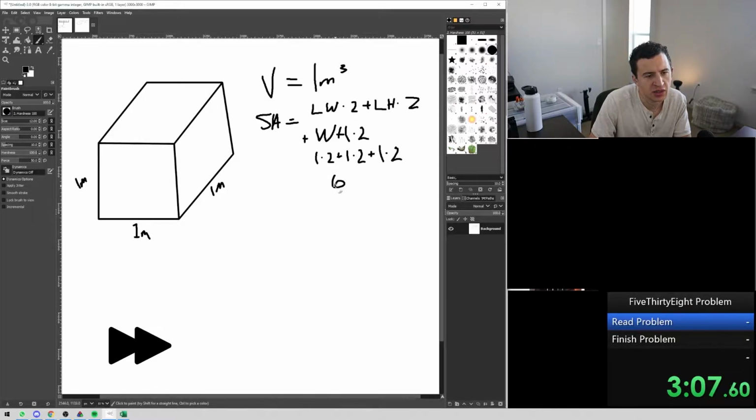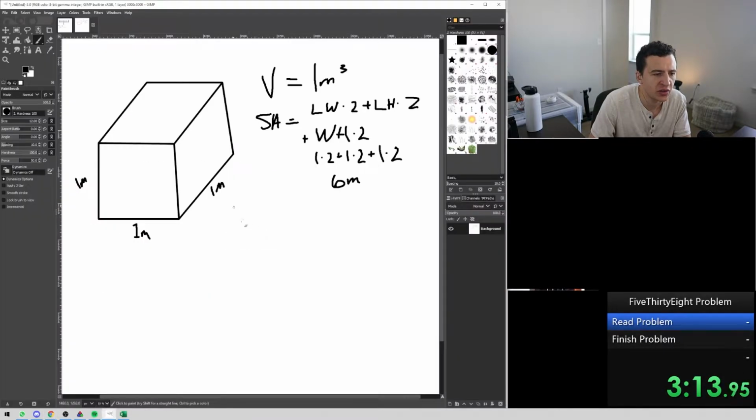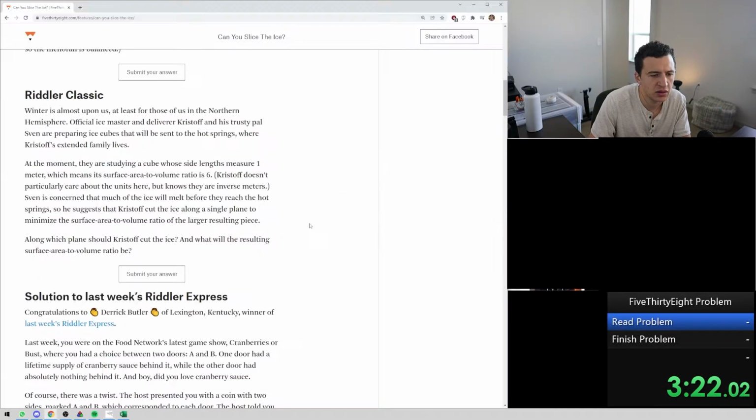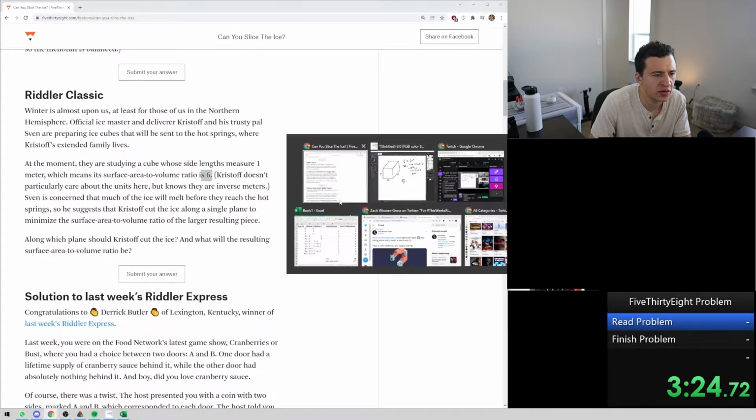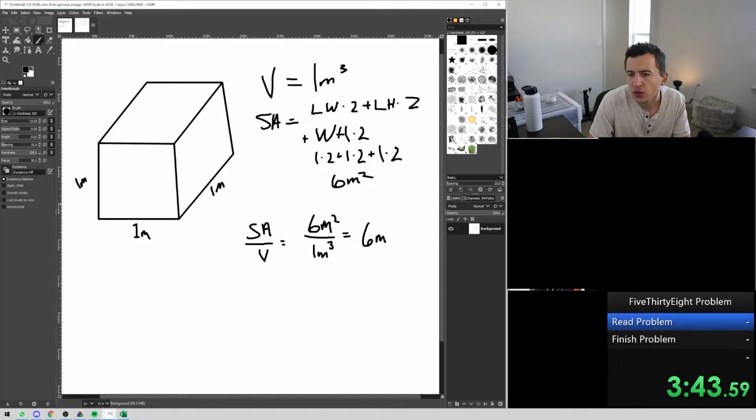And so 6 meters. And then the surface area to volume ratio is 6, right? Yeah, perfect. Because it's 6 meters divided by 1 meter cubed. And that equals whatever, 6. Oh, this should be meters squared. Whoa. All right. And this is meters to the -1.